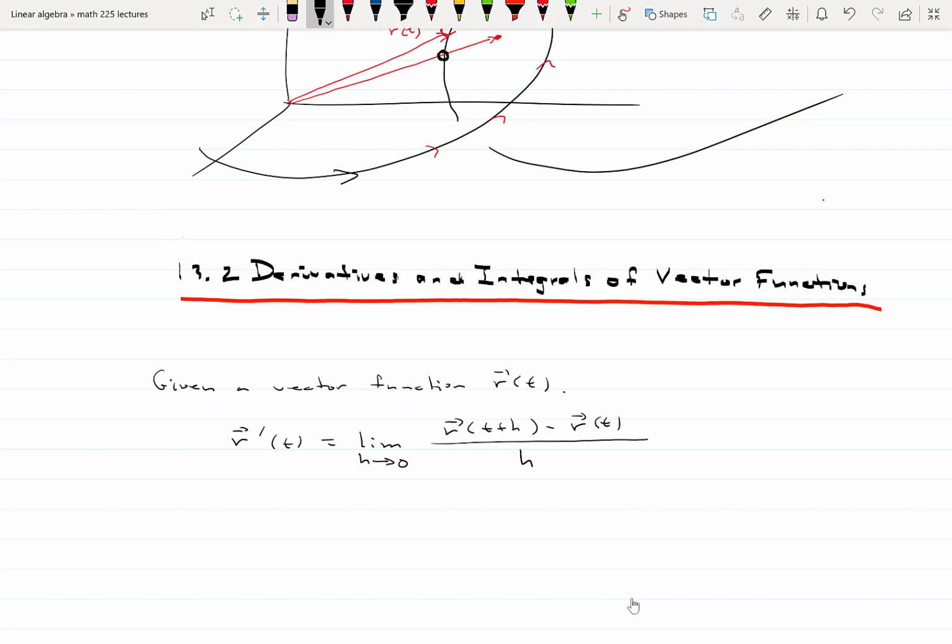It looks just like, or at least very similar to, the derivative of a function f of x.